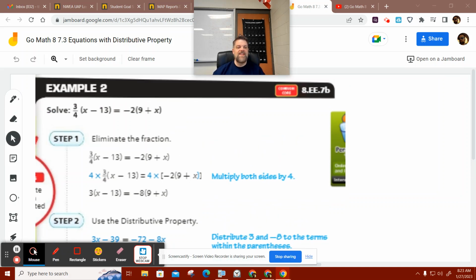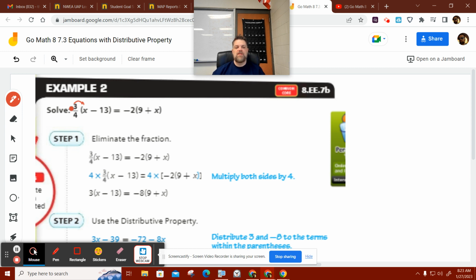So for this one, we're going to use the distributive property, but now, oh, dang it, they put a fraction in there. So there's that. Now the interesting thing about this, what did we just do in the previous section?